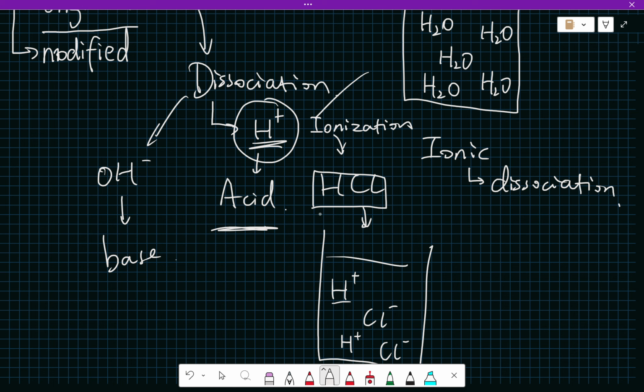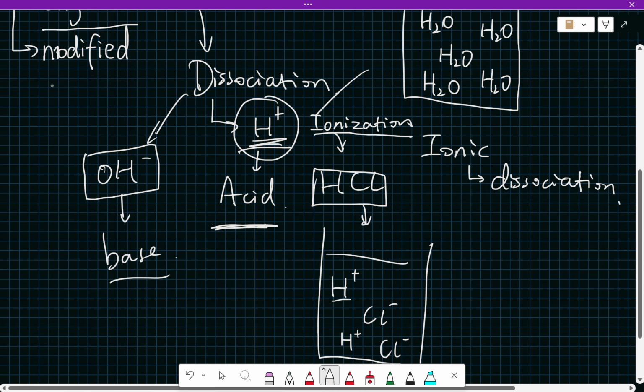So for a molecular compound like hydrogen chloride, if it undergoes ionization and we have a positive hydrogen ion as a result product, we would call this an acid. Whereas if we have an ionic compound which will undergo dissociation, and we have a hydroxide ion as one of the result products, we would have a base.